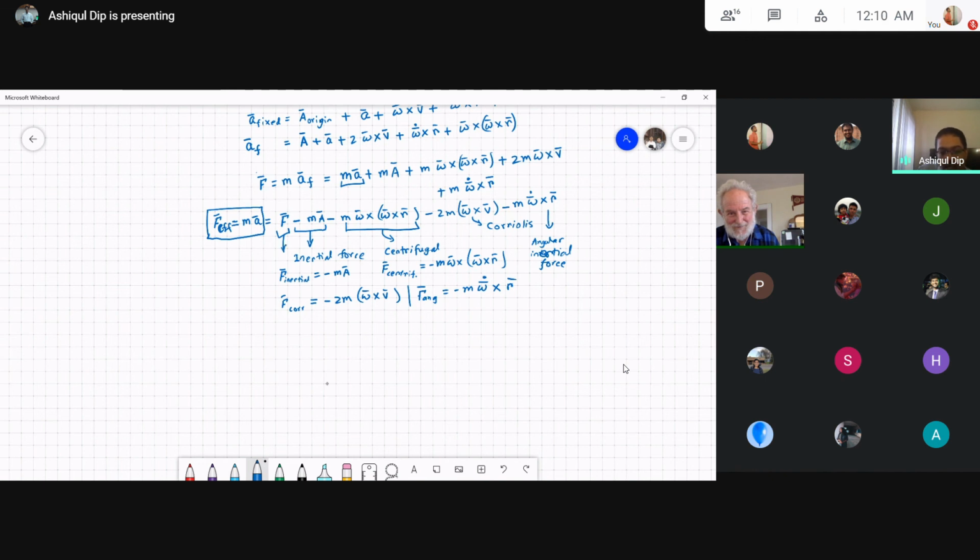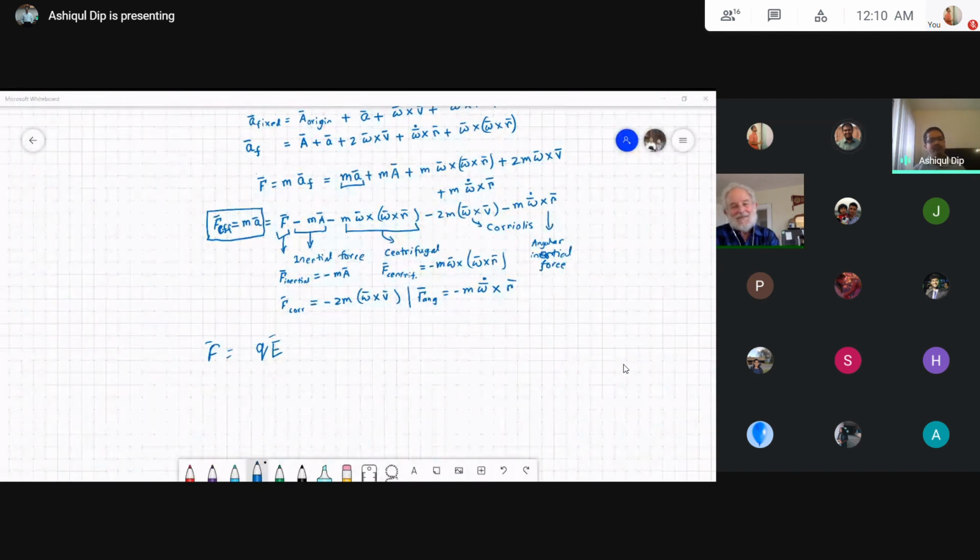The object you are looking at probably has an electric charge Q and is moving under an electric field E. So that force might be F equals QE, and that doesn't necessarily have M inside of it. It might not be proportional to M. Yes, but all the fictitious forces have this one common feature, that they are proportional to mass, and that's a really important thing here.